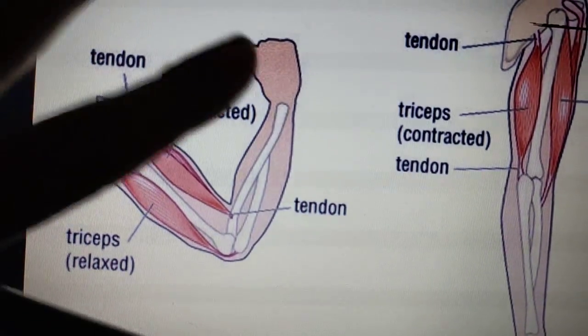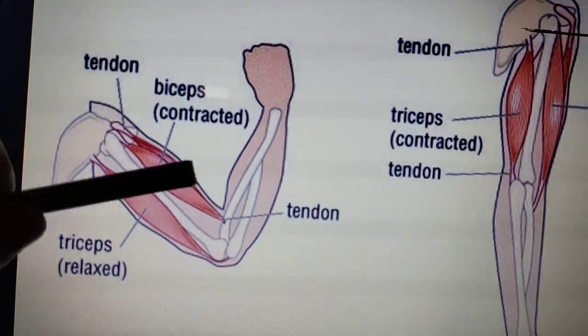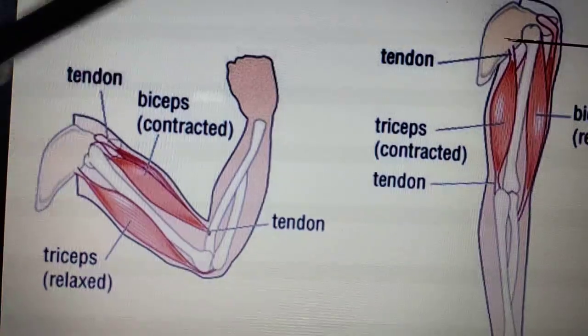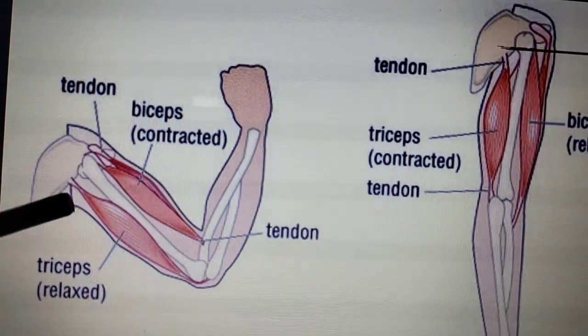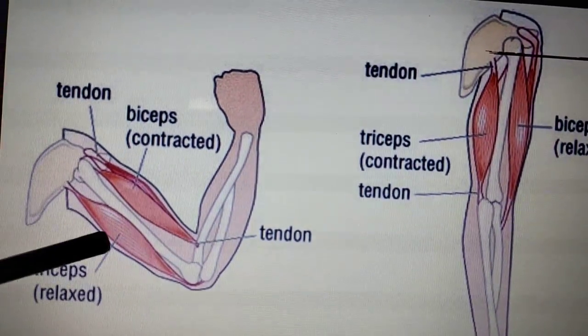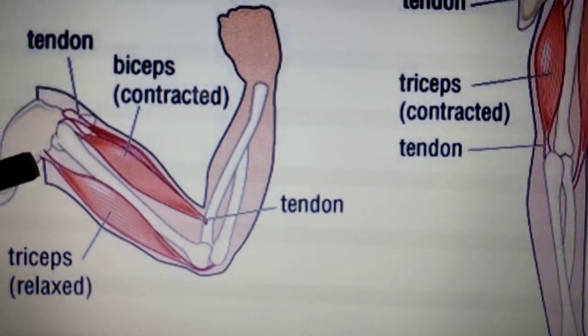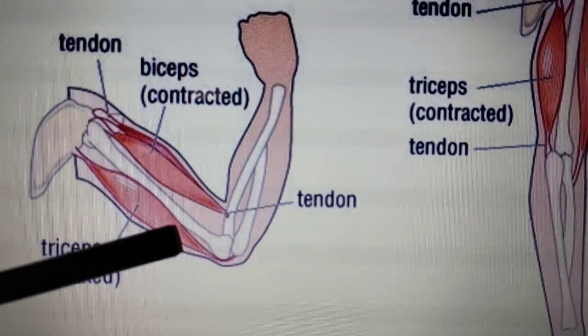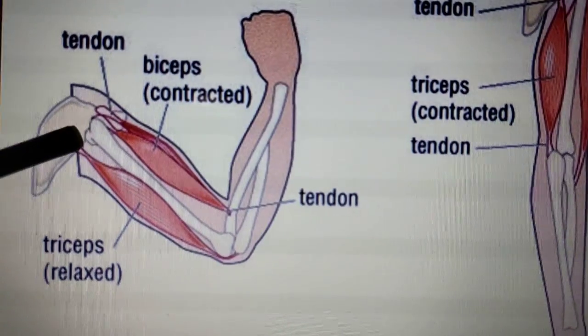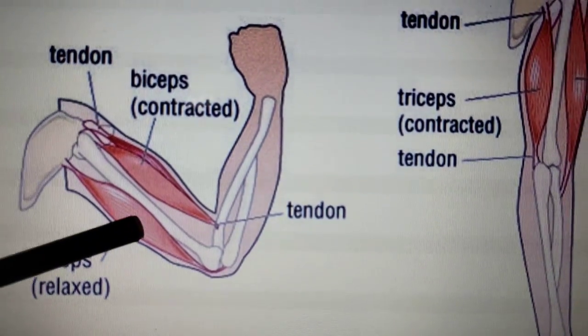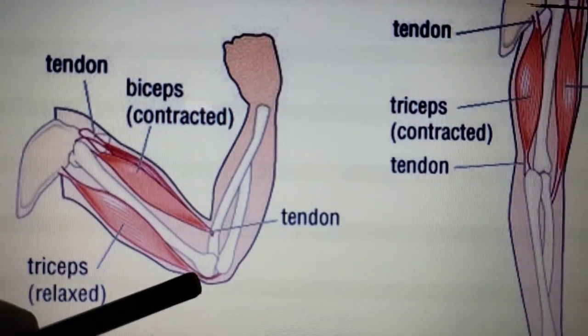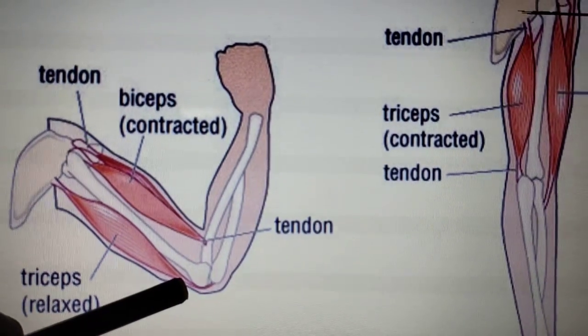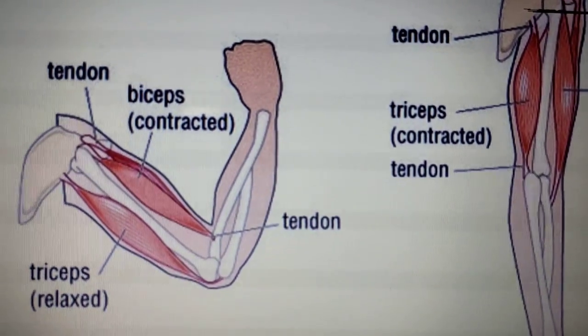We have three parts in this muscle. Take this one, for example. One is the insertion, second is the belly, third is the attachment, or we can say the insertion.